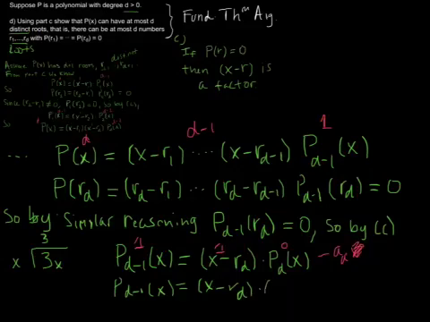We're just going to call it a sub d, because that's just the coefficient we're left with. It is our leading coefficient. And this is really important because now that we know p sub d minus 1, we can plug this back in, and we're going to end up with the factor that we wanted.